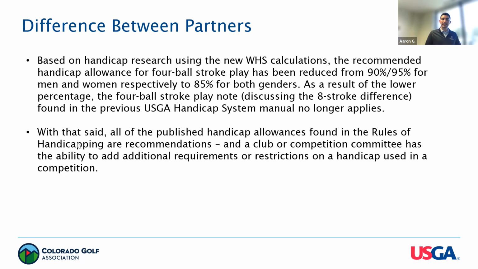So even though it is not in the rules of handicapping, tournament committees can decide to use this if they want, but it would be up to the committee in charge of the competition to decide if they want to use that tool. Even for us here at the association, we still use that whenever there's a difference between partners. So it's still available to you, but you just won't find it in the rules of handicapping.